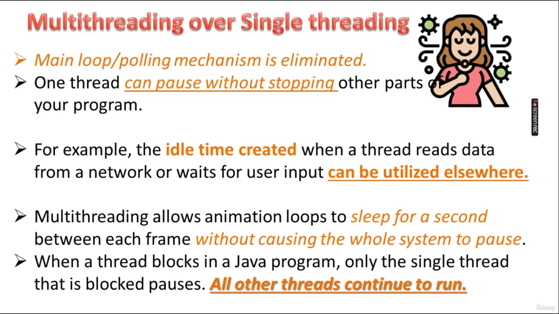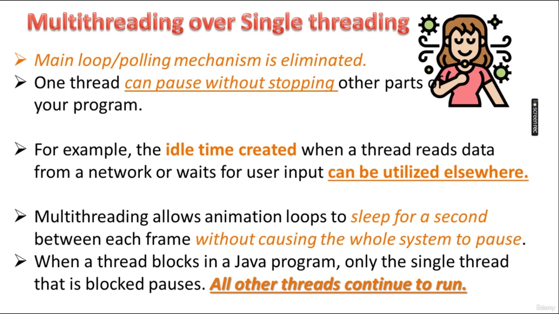Each thread has a simple task, and it can run fast rather than completing one big task at the same time. For example, idle time created when a thread reads data from the network or waits for user input can be utilized elsewhere.